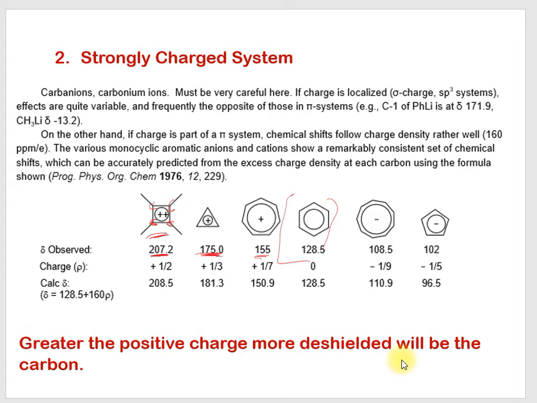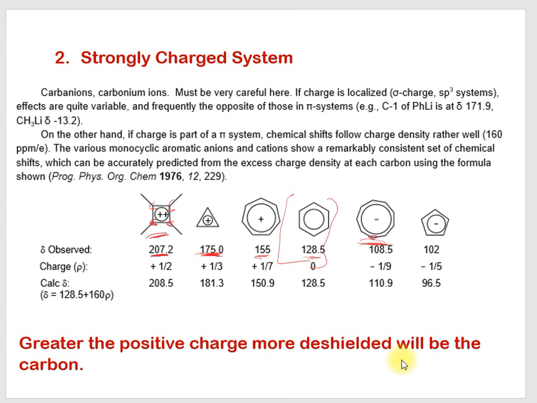And here a neutral benzene ring will resonate at 125, 128.5, without any charge, only the pi electrons. But when you put a negative charge into the system, when you add electrons into the system, the electron cloud will be more, the electron density will be more, so the carbons of the ring will be shielded.